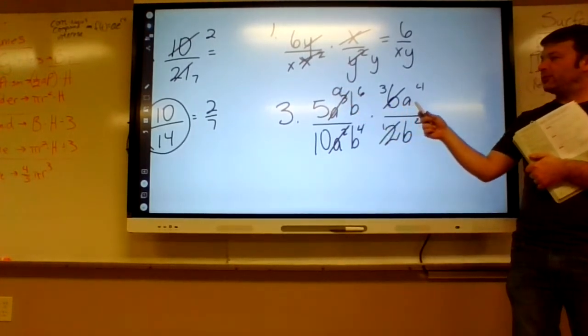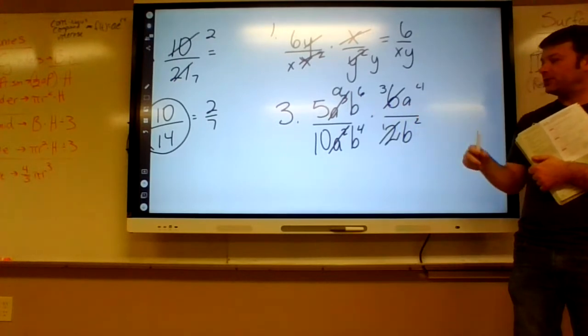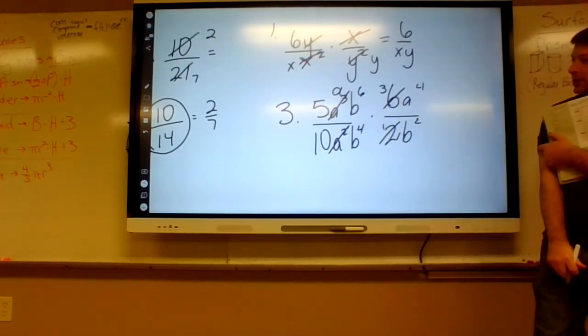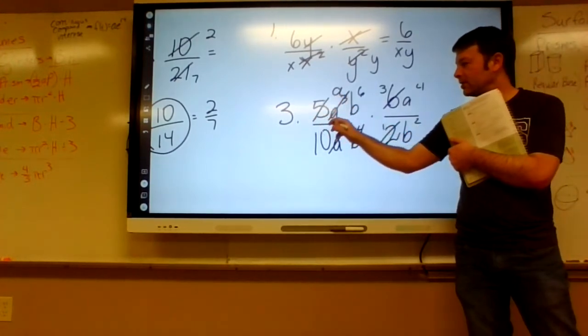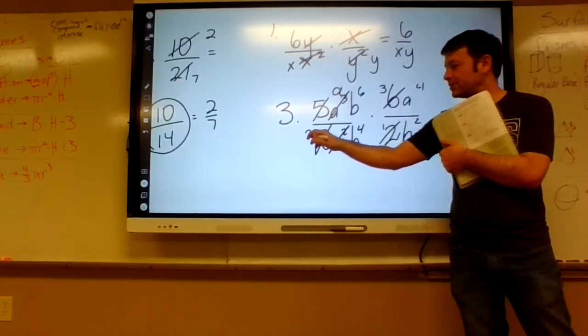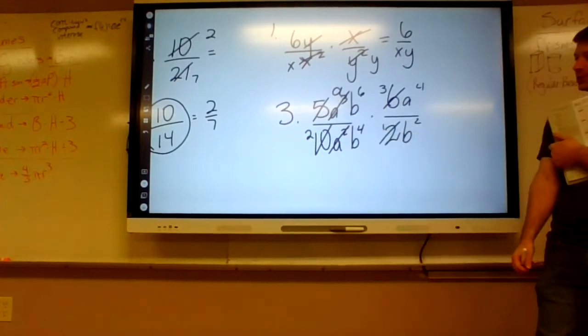But over here I have 4 more, so eventually we'll have 5. We'll come back to that later. 5 and 10 reduce, right? Divide by 5, that's 1 and 2. I'm just going to put the 2.